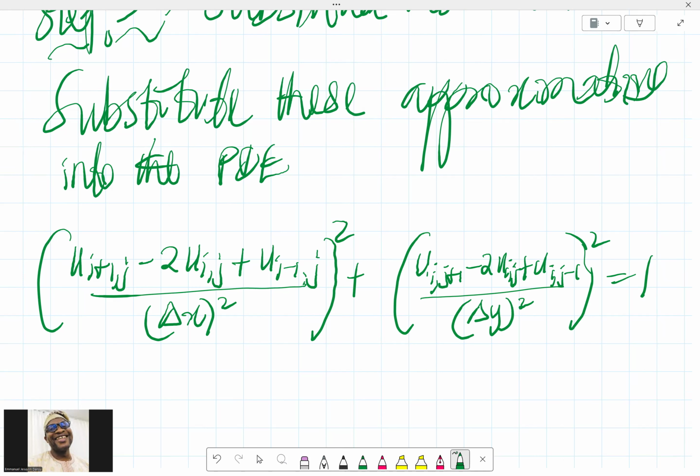With this now, we can break it open and then start solving. But I won't bother about this.